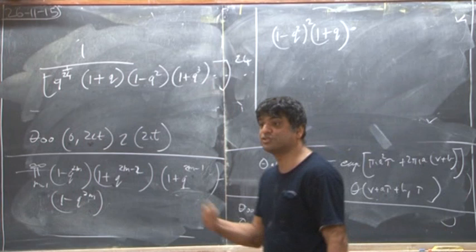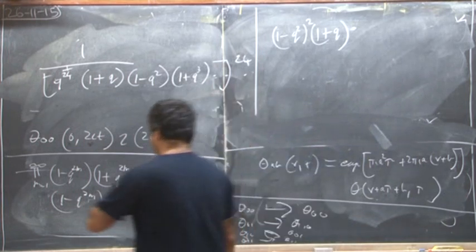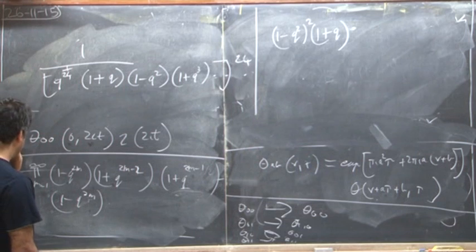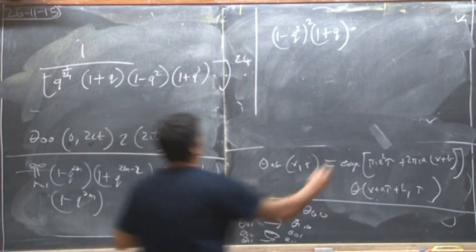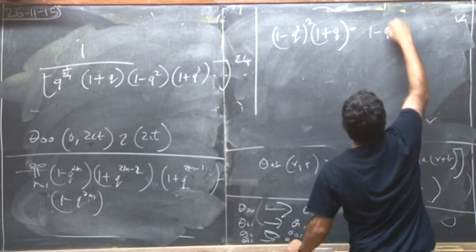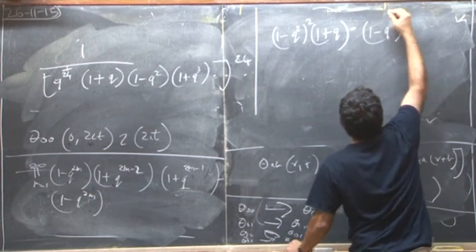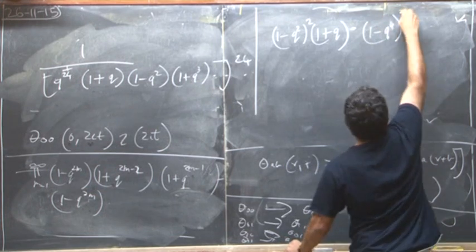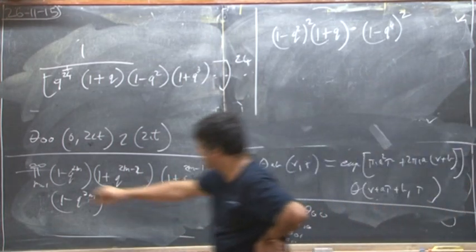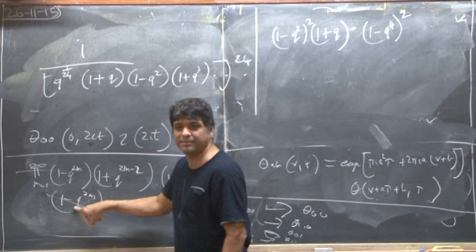Now let's look at n equals 2. From n equals 2, this term and this term give us 1 minus q to the 4, squared. You see what this term and this term are doing?